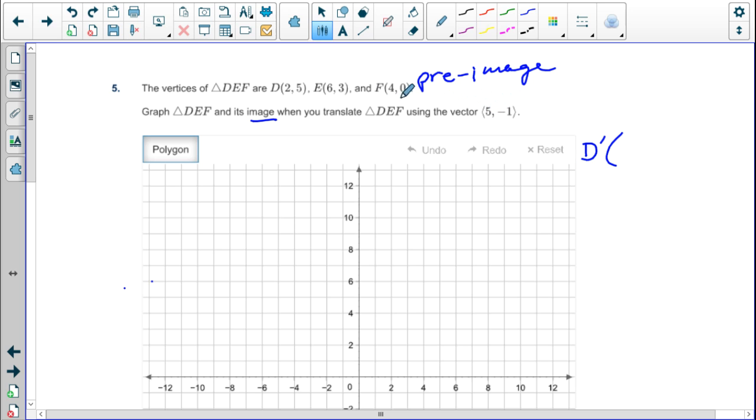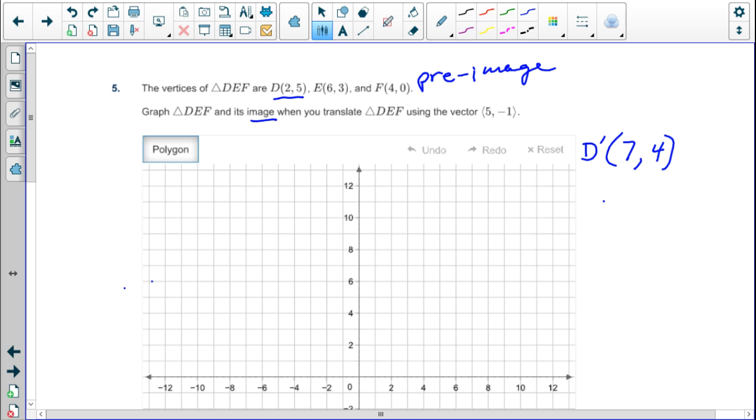So it's plus 5, minus 1. So if I take my D, plus 5 would be 7, minus 1 would be 4. So it's like the 2 plus 5, and then the 5 minus 1.